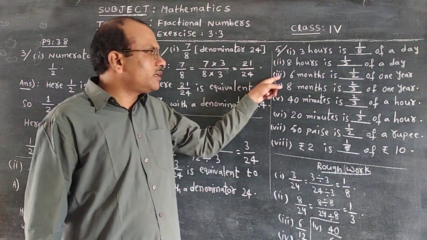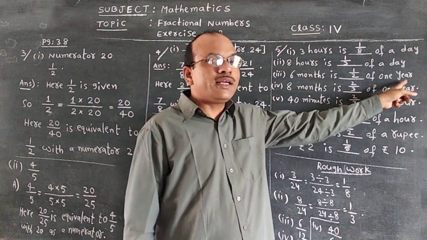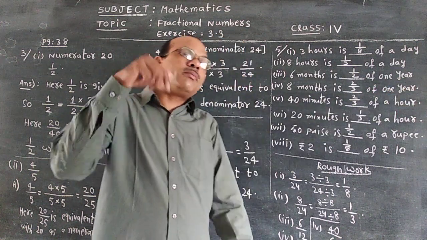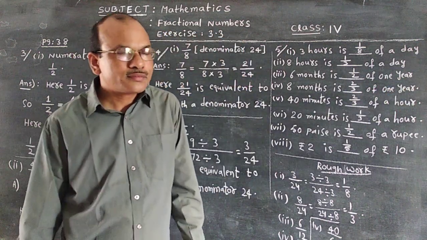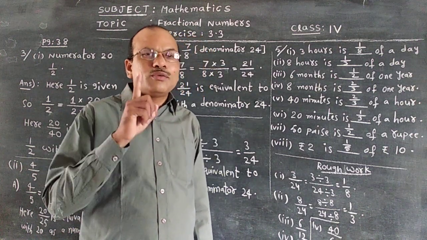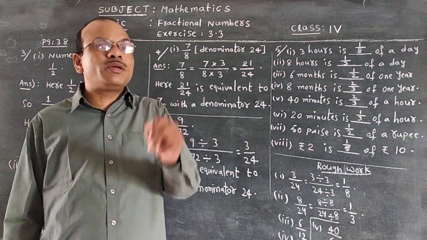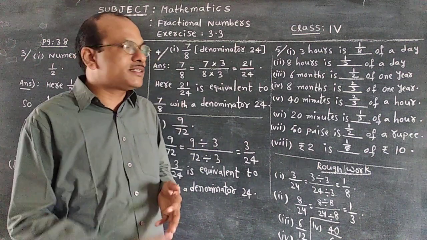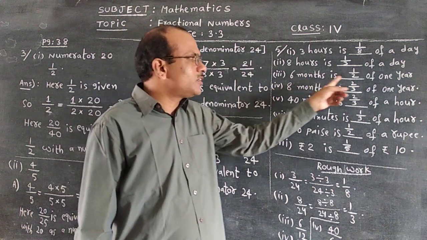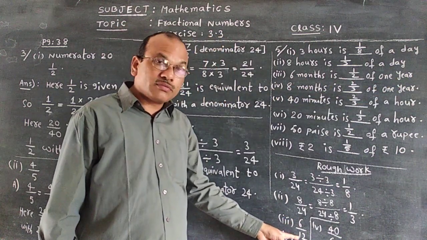See the third one: 6 months is dash of 1 year. How many months are there in 1 year? Is it 24? No. In 1 year there are 12 months. That's why for 6 months, 12 months, we'll go for 6 by 12.